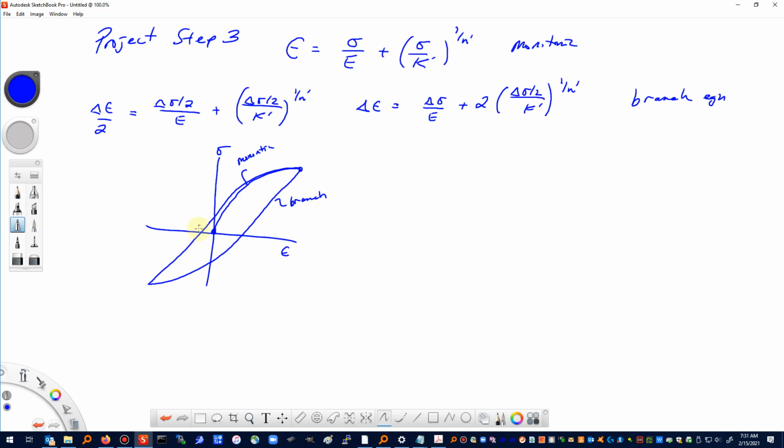Both of these would be using the branch equation, with the tip at the end of the last segment, with the sign of the delta epsilon either being negative in this case or positive in this case, depending on whether we have an upslope or a downslope in the next step.